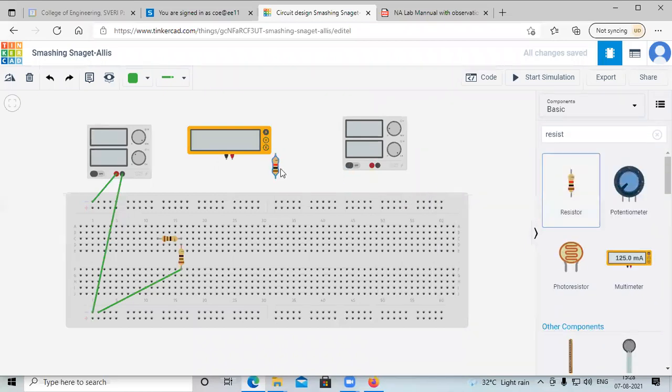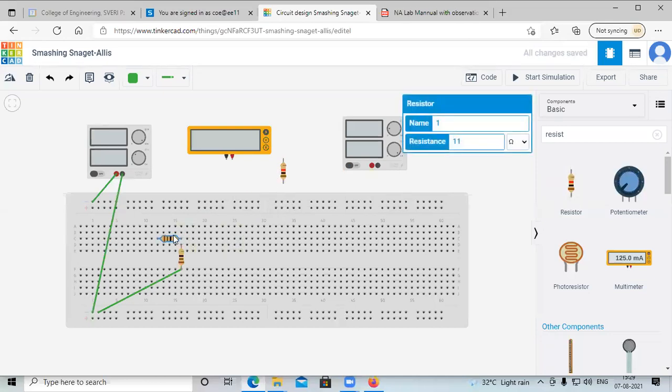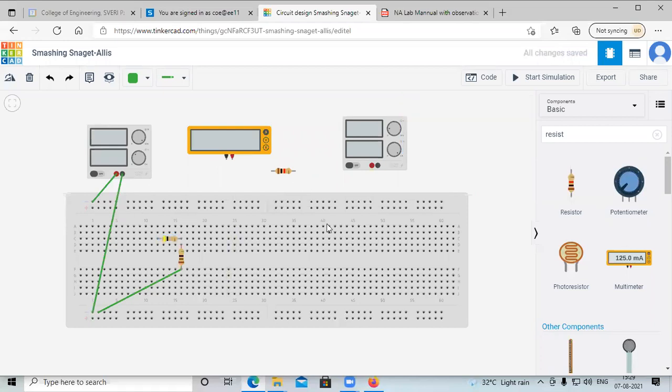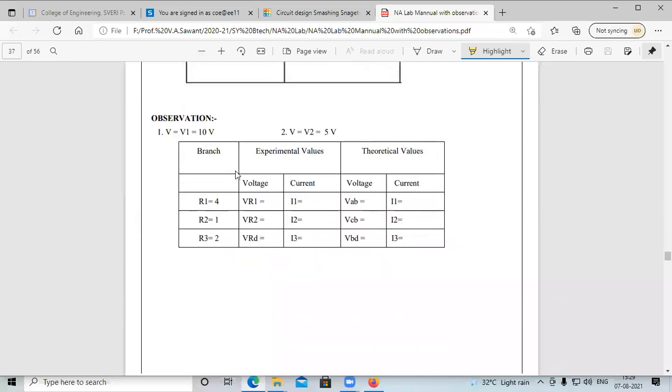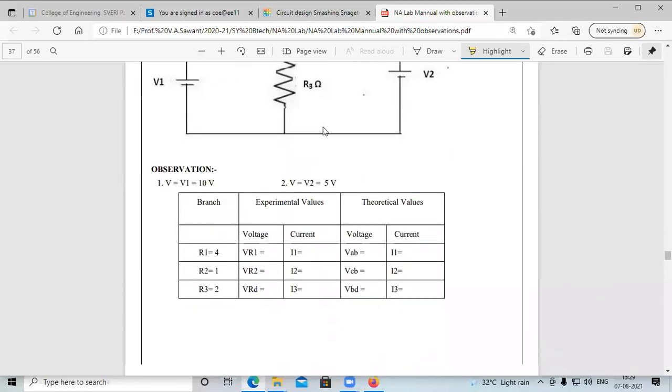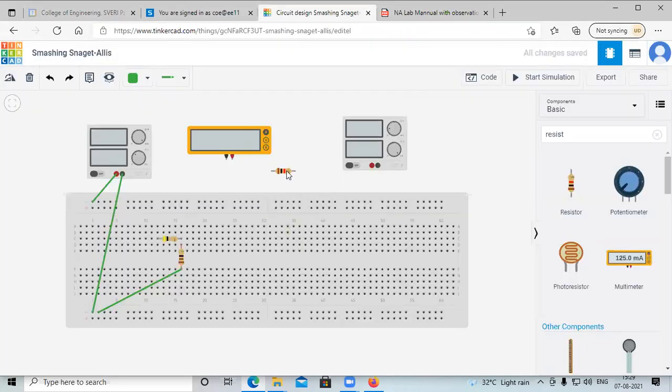Tell me the value of resistors R1, R2 and R3. Value of R1 is 4, R2 is 1, R3 is 2.